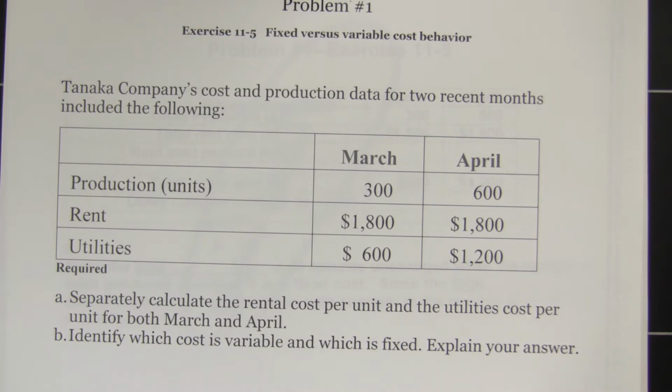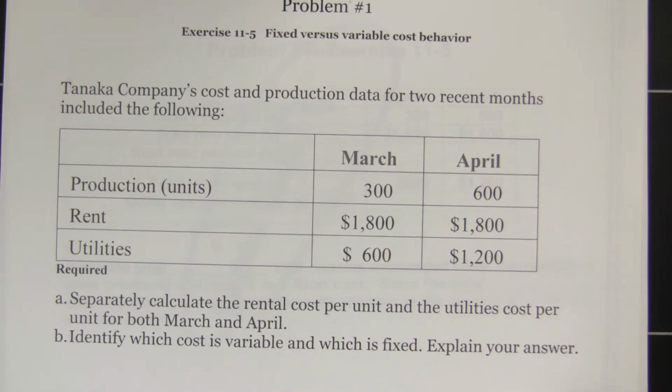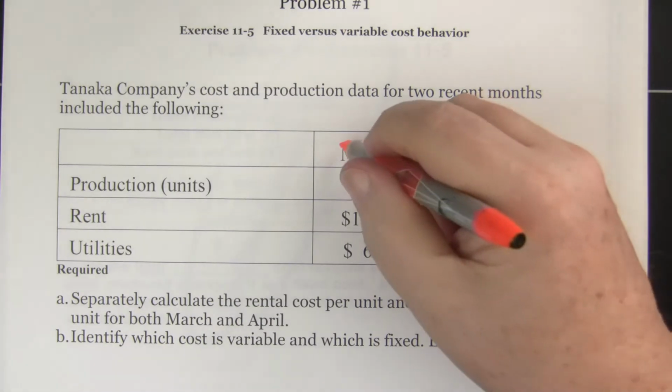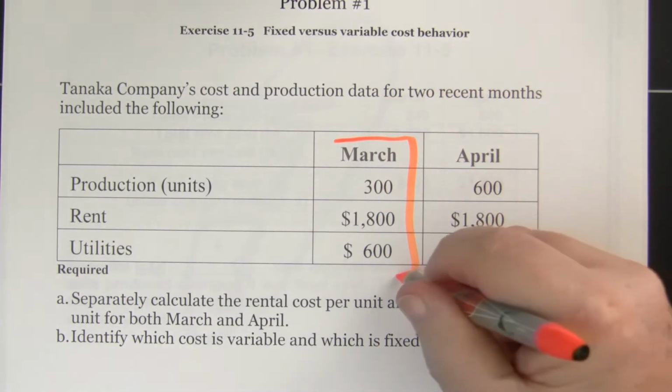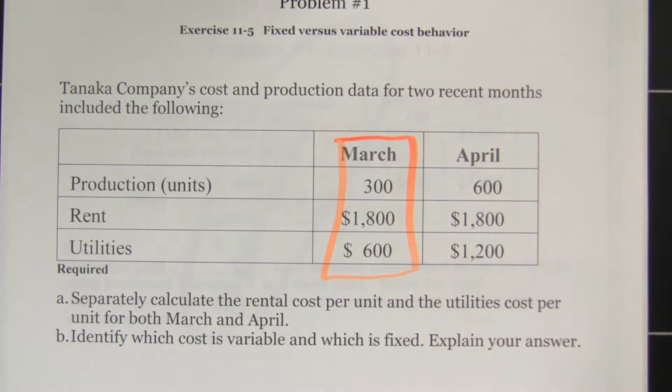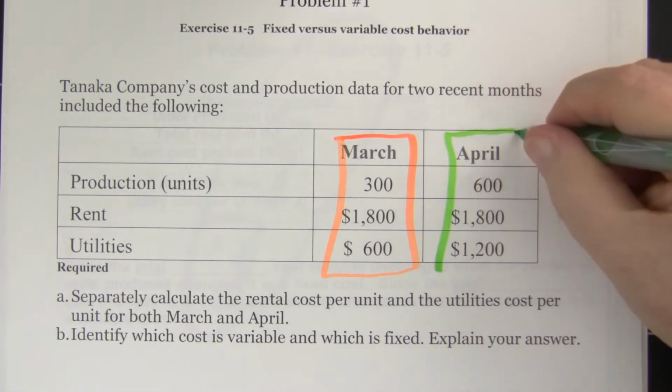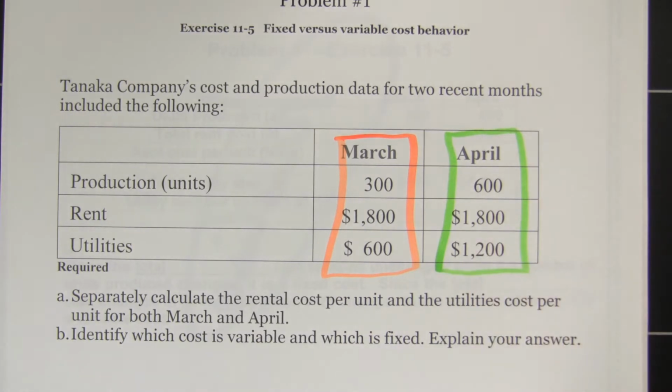They give us the cost and the production data for 2 months, and they tell us that in March, all of that is March data in orange. Oh, and we'll put April in green because sometime in April, eventually the flowers will come out and things will turn green again.